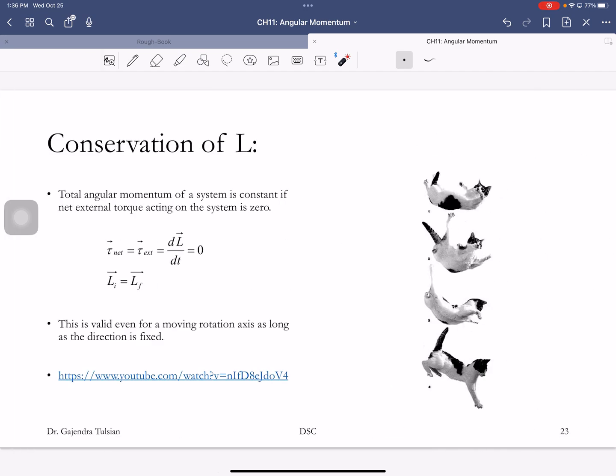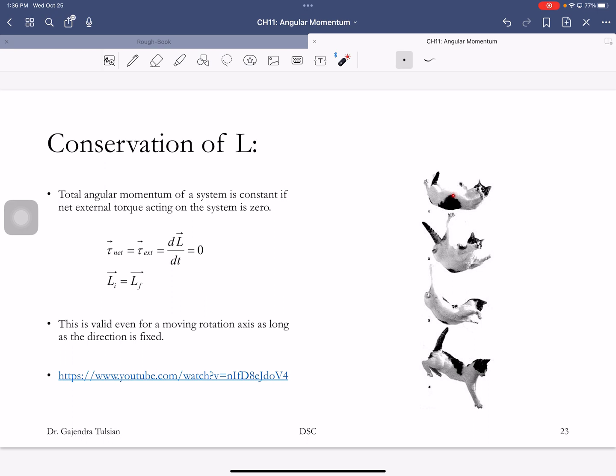All right, so here's a fun experiment you can do with your cat if you have one. Here's Newton's second law, and you can watch this YouTube video. External torque acting on a system is equal to the rate of change of angular momentum. So you can grab hold of your cat by its feet and you can drop it.